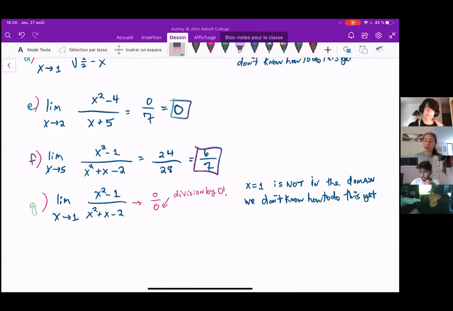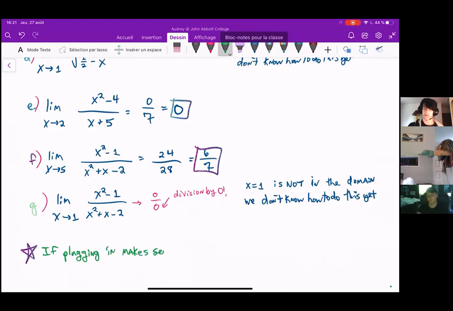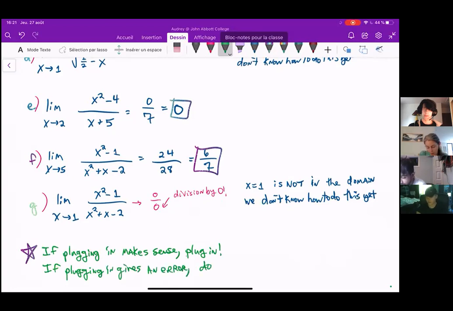If, however, when you plug in your calculator gives you an error, then you have to do something else, and we just don't know what those somethings else are yet. This method is called direct substitution.